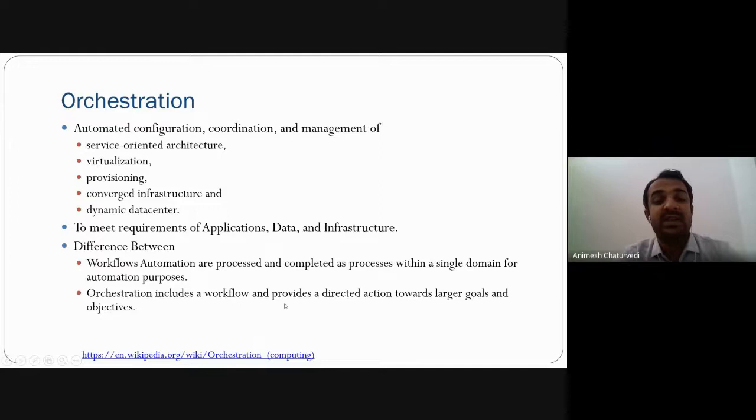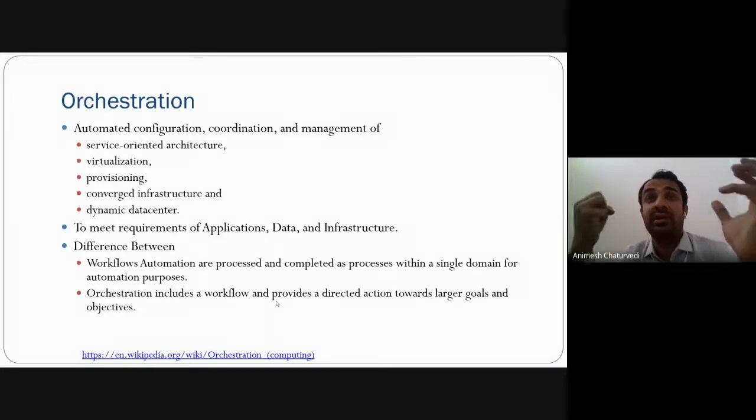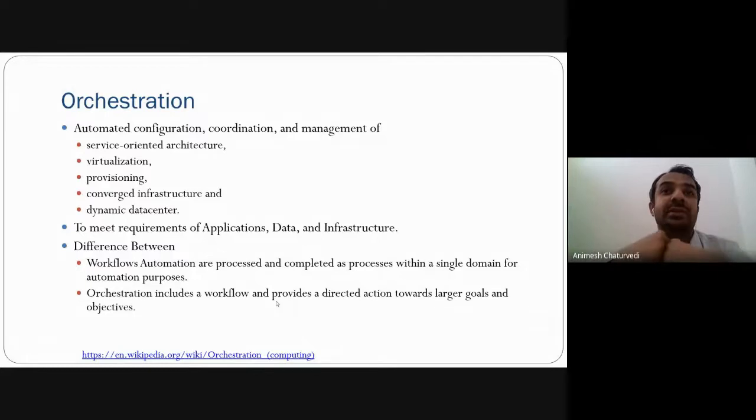Then orchestration basically includes workflow, meaning this whole automation, whatever they do in the IT infrastructure, will be involved in this orchestration. And orchestration also deals with how to do this, meaning it's not just a non-technical word.